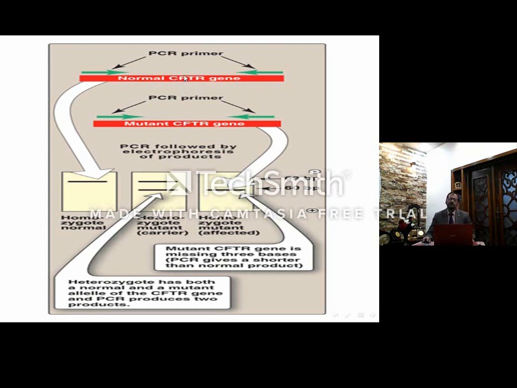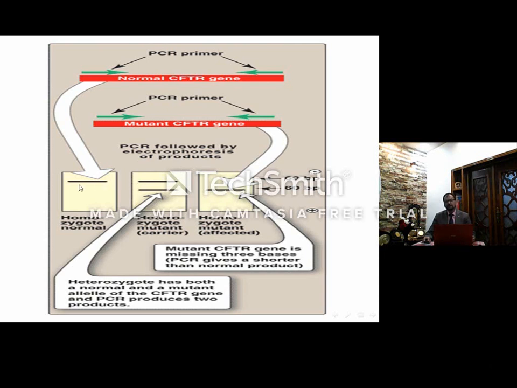Okay, if any person has both copies normal, then if you do amplification of the 2 copies followed by gel electrophoresis, you can see only 1 band at position 63 base pairs. You will ask me, what does 63 mean? This is by using a DNA ladder as a standard to know the size of the band.